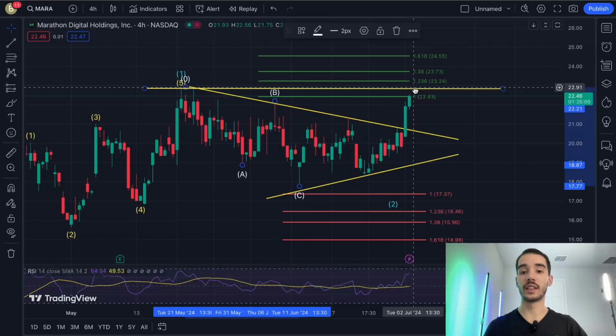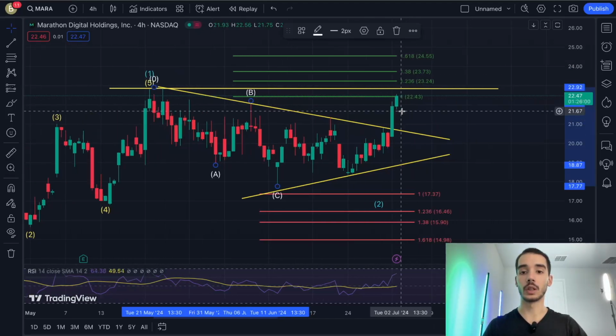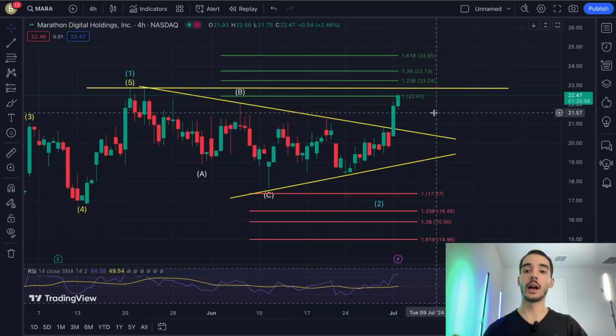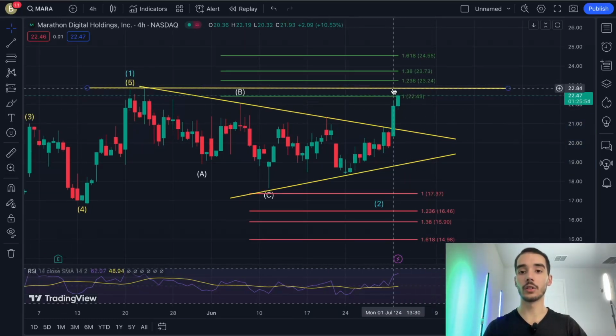Although, understanding that we now had a bounce into the low regions of our green Fibonacci extension areas right here, this tells us that we now need to be cautious as we near this all-time high for 2024, at around $22.85.